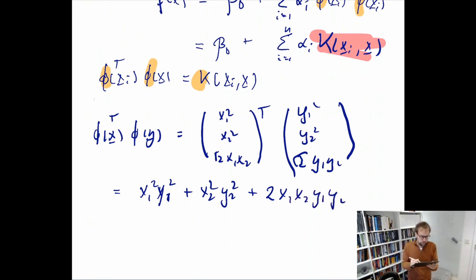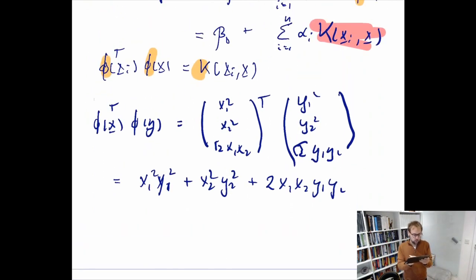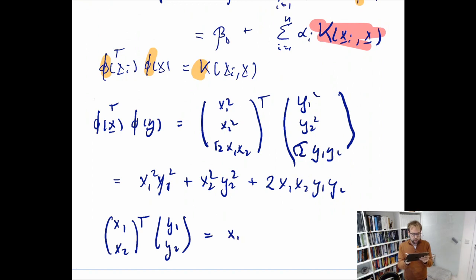But if I would work out x1 times x2 and then y1 times y2, this would give me x1 times y1 plus x2 times y2.